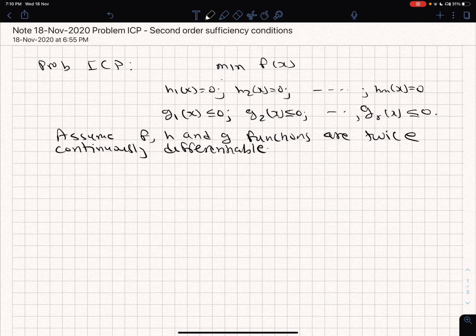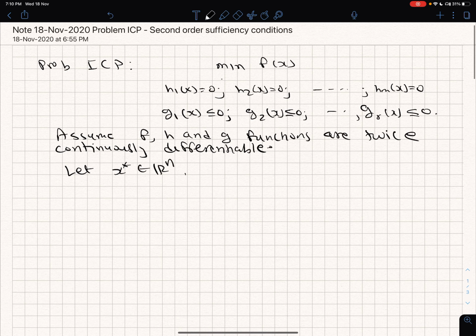Then, let x star from Rn, lambda star from Rm, and mu star from R^r dimensional space satisfy the following. In fact, all three: lambda star from Rm, and the Lagrangian multipliers for the inequality constraints, they are from the R^r dimensional space.